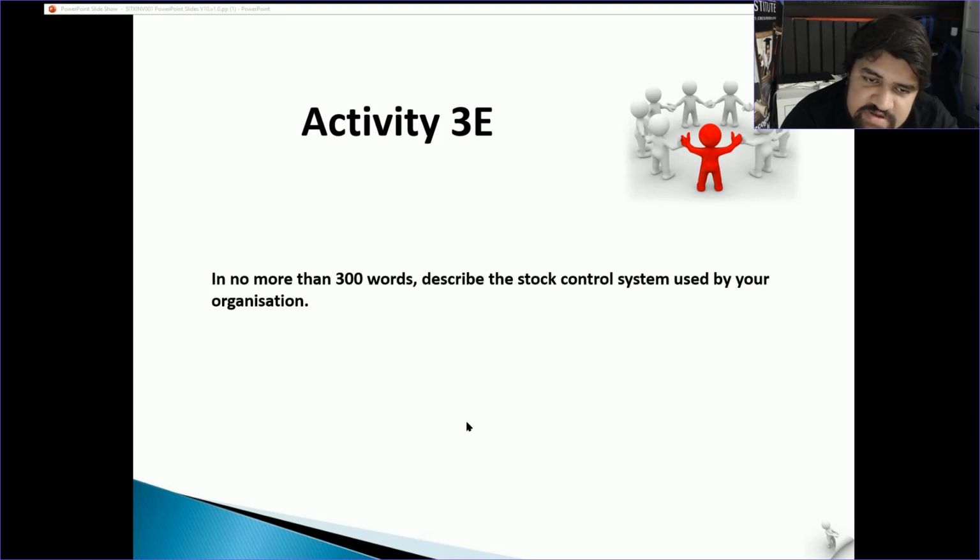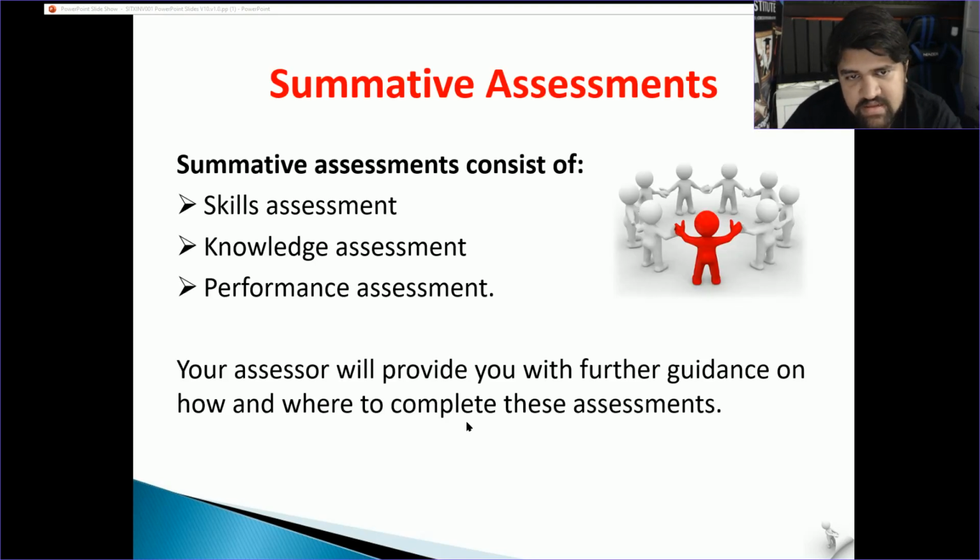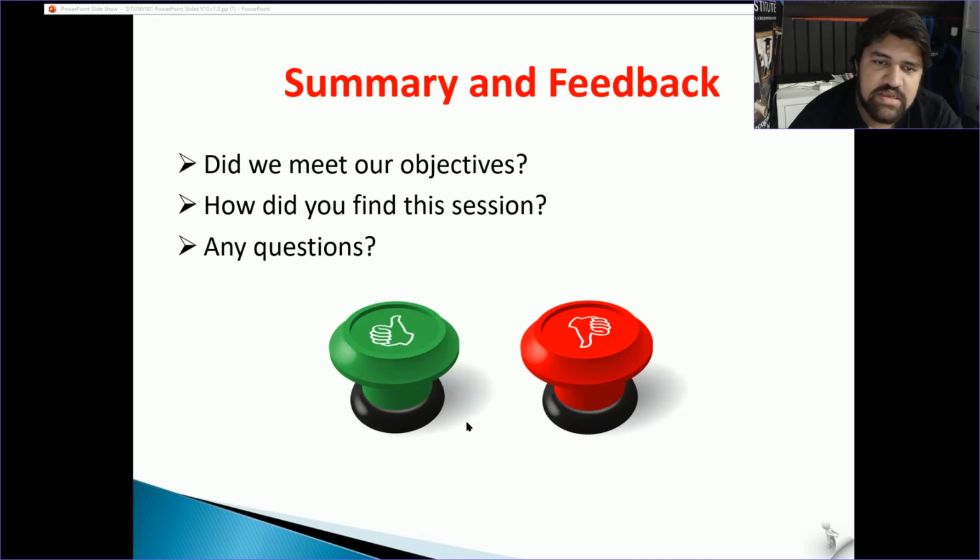Once you've completed this question, complete your learner workbook, submit it to your trainers, and then we will move on into the next unit. If you've got any feedback, don't hesitate to get in touch with me. We've still got the knowledge and skill and performance assessments to do, and the multiple choice is online.